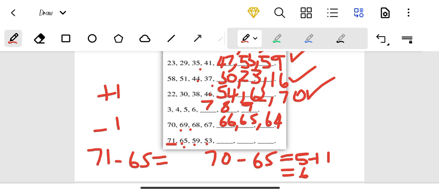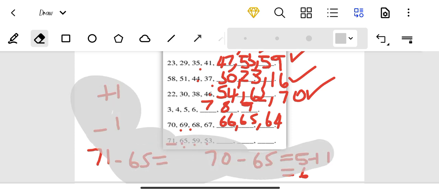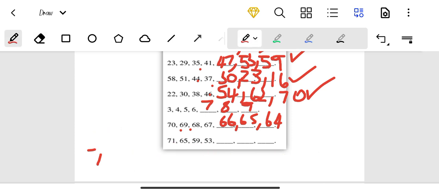53 minus 6 is equal to 47. And then 47 minus 6 is going to be 41. 41 minus 6 is going to be 35.